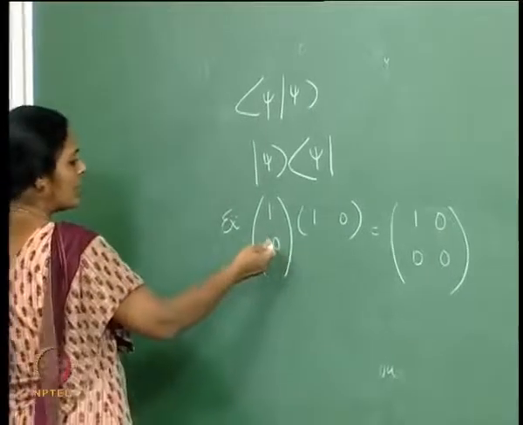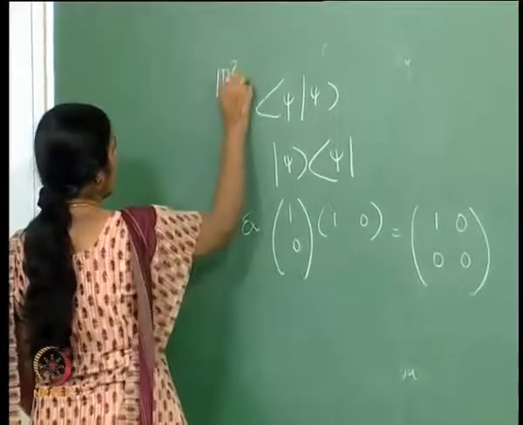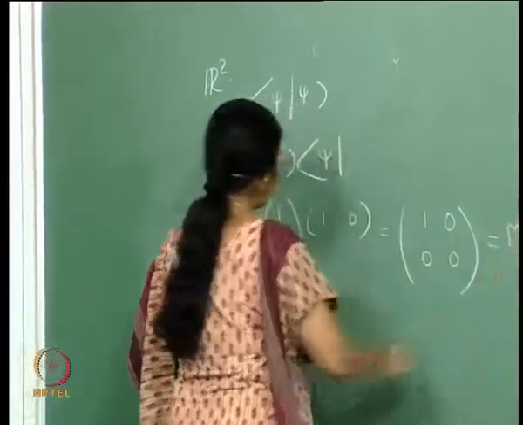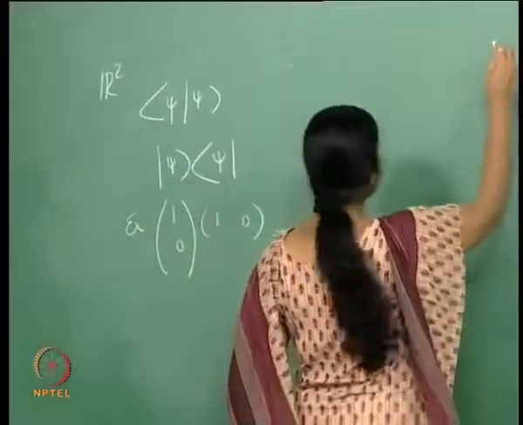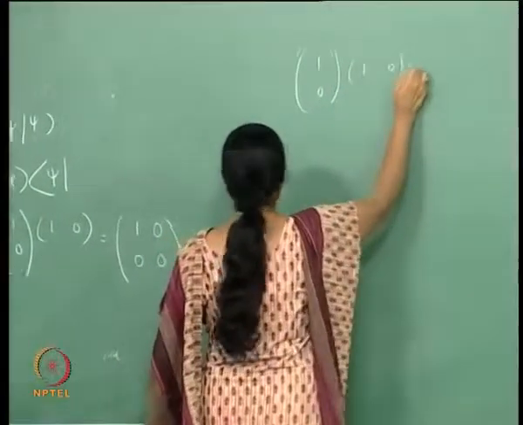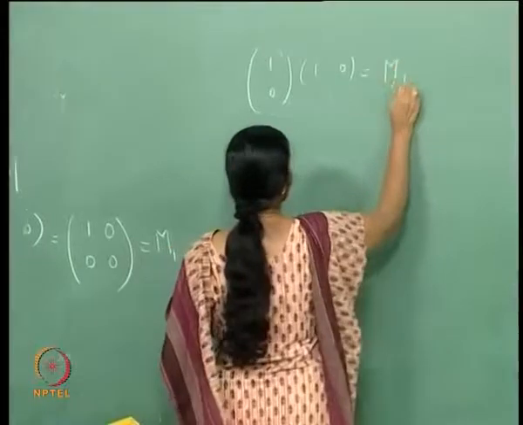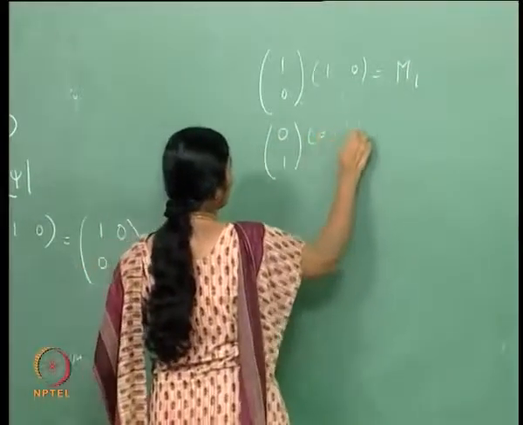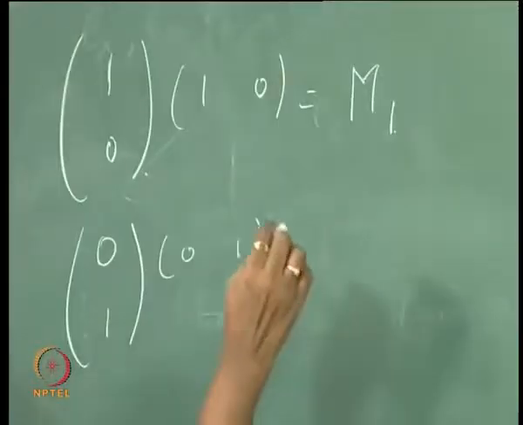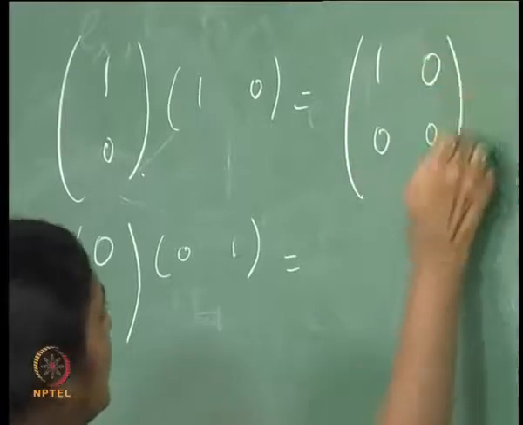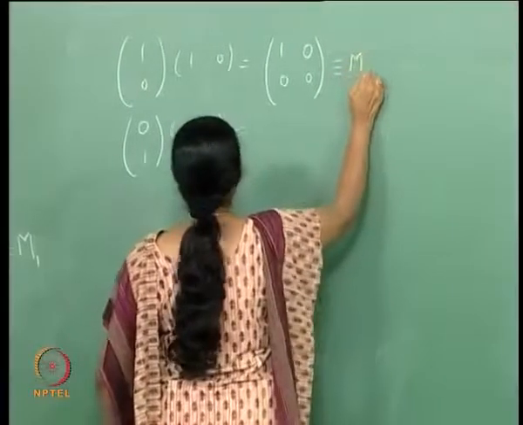But right now, even in R2, let us look at the number of matrices that we can form. Let me call this M1, or let me write it here. Similarly, I can have 0 1 with 0 1, and I am going to call that M2. So, what is M1? This is M1, that is my notation.